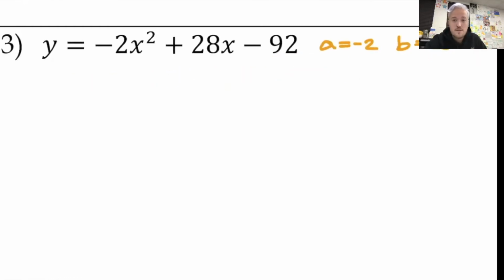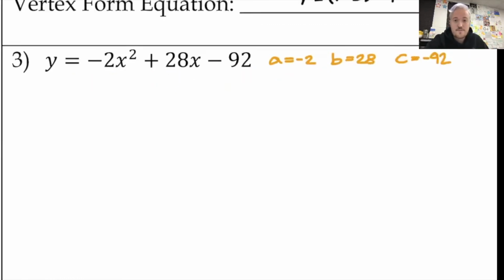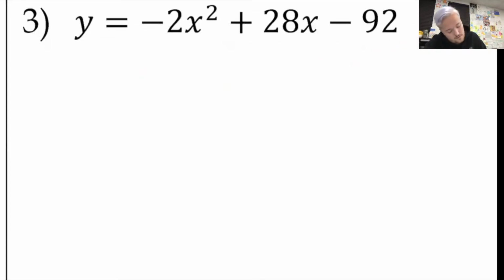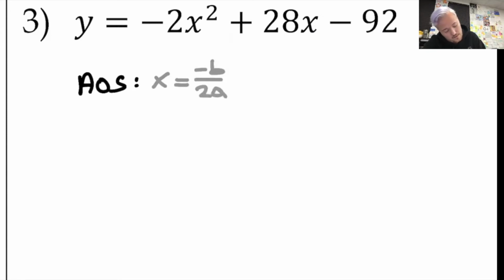All right. So once again, start by finding your AOS. So you're going to have X equals the opposite of B over 2A, which means we are looking at -28 over 2 times -2.